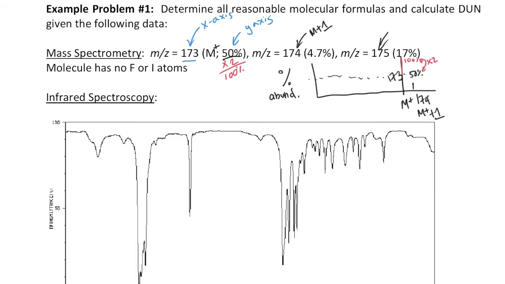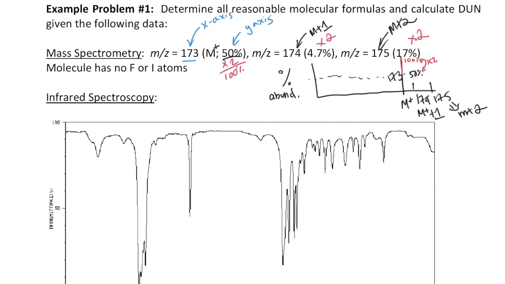And then 175, well, compare that to M plus. How much more of it is it? 173 to 175, so that's M plus 2. Once we scaled the M plus to 100%, we have to scale all of these to 100%.